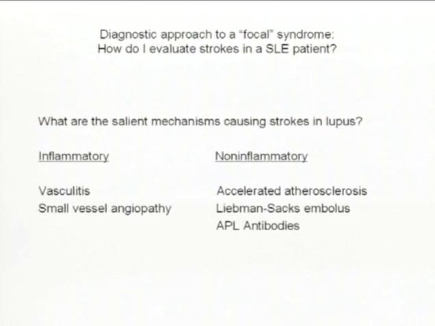They're seen in 30 to 50% of patients with lupus, as compared to 8 to 10% of the general population. Patients with antiphospholipid antibody syndrome in lupus have higher risk of what's called Libman-Sacks endocarditis, which is a non-infectious inflammation of the valves, which can dislodge and cause cerebral emboli and strokes.